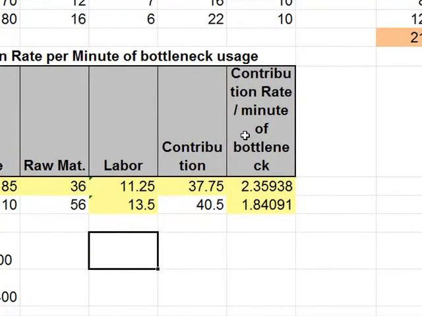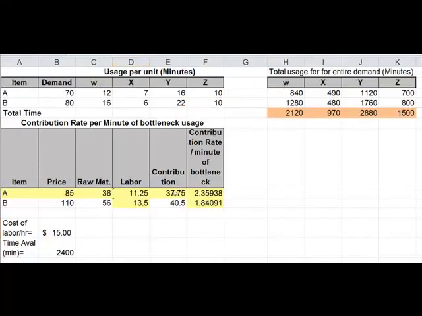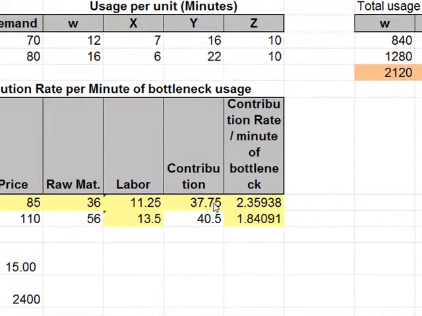Now is the tricky part. This is the part where we have to say which of these 2 items is using the bottleneck resources most efficiently and therefore generating more contribution per minute of bottleneck usage. So what we do is we look at the contribution, 37.75 and 40.50, and divide them respectively by the number of minutes used per unit to make A and B, which are 16 and 22 at the bottleneck.